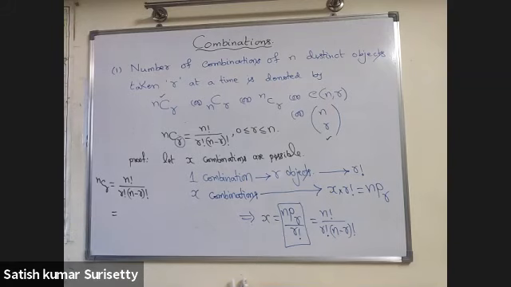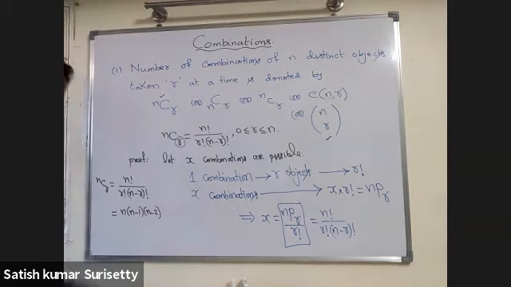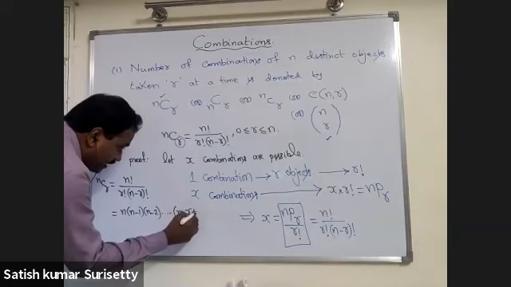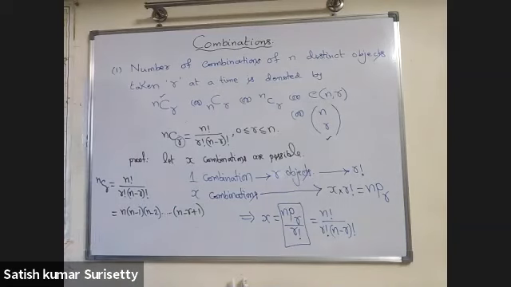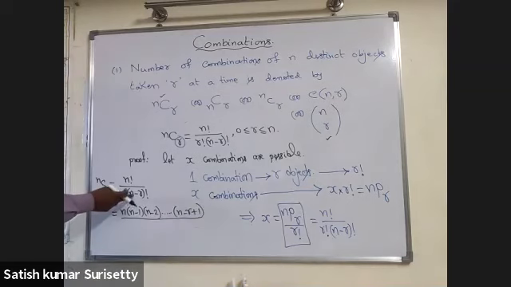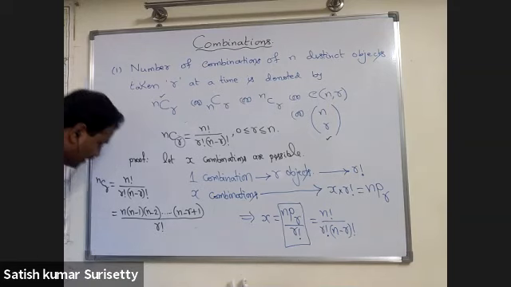In terms of factors, it can be written as n into n minus 1, n minus 2, and so on, n minus r plus 1, into n minus r factorial. N minus r factorial gets cancelled. Denominator is r factorial.